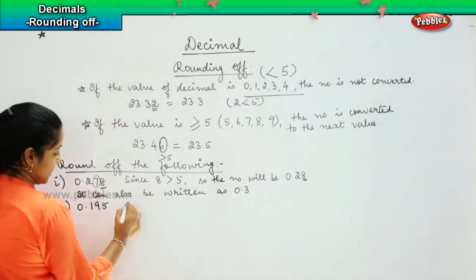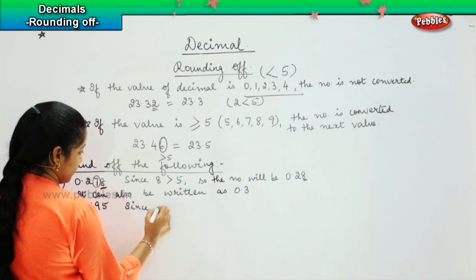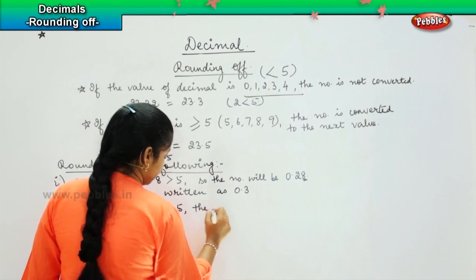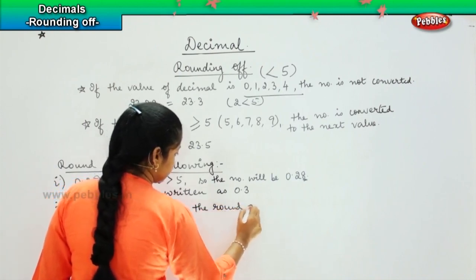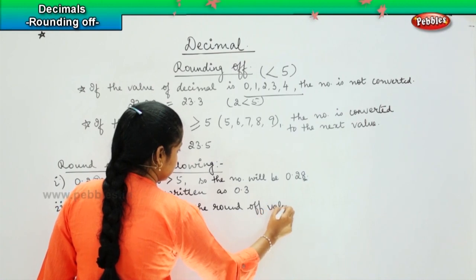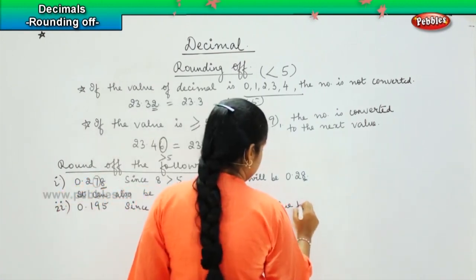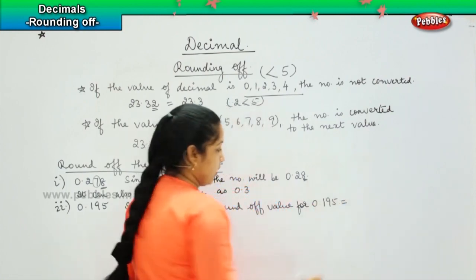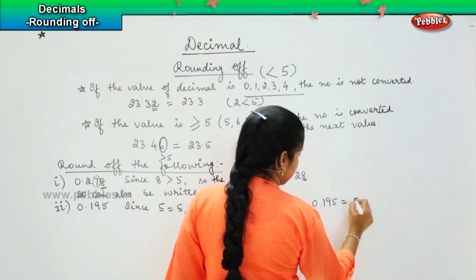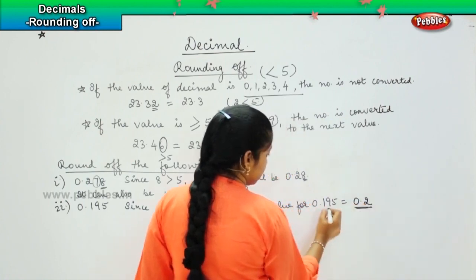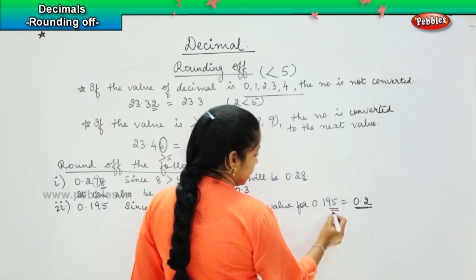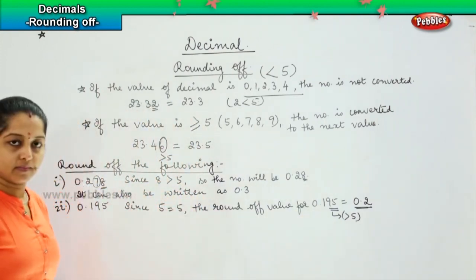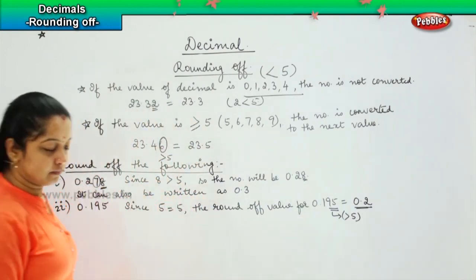Since 5 is equal to 5, the round off value for 0.195 will be 0.2, because this value is greater than or equal to 5. Clear? One more example.